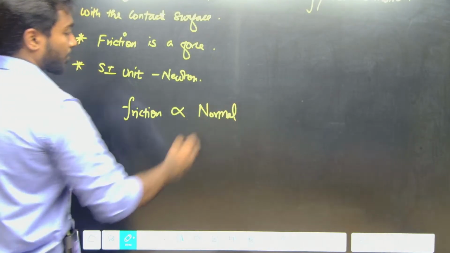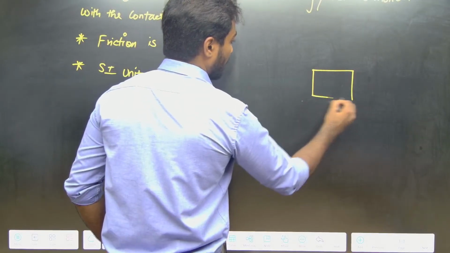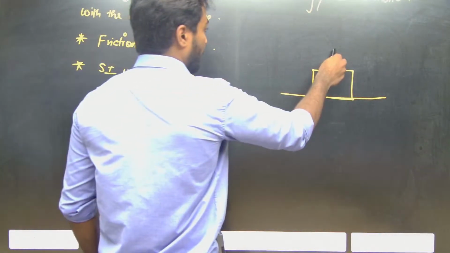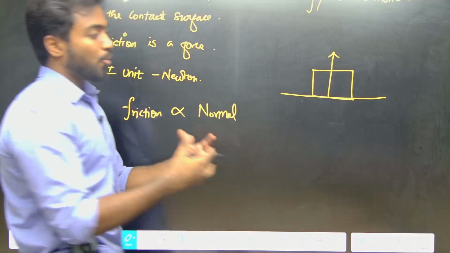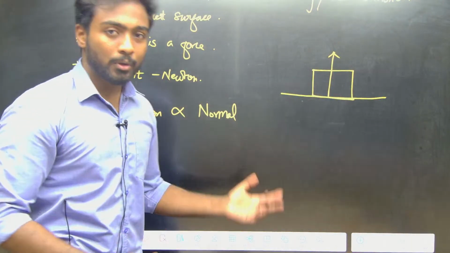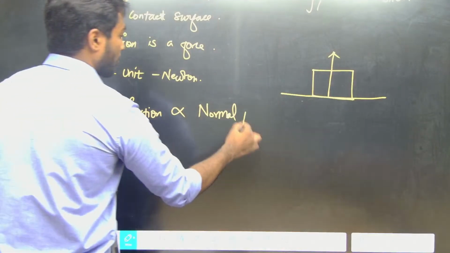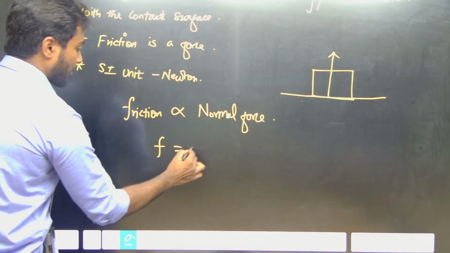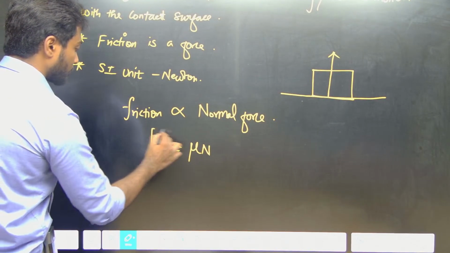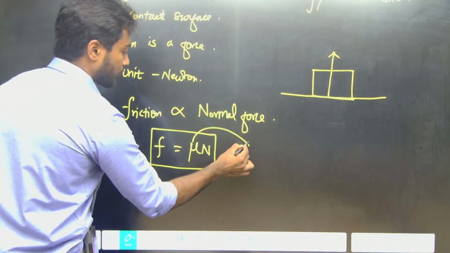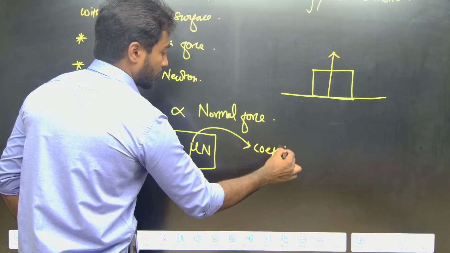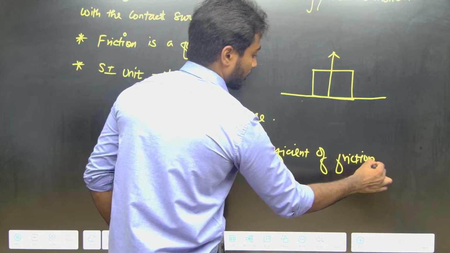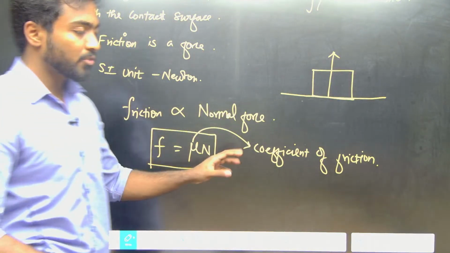With the contact surface, some normal force will be there. Due to the normal force, how much normal force is there, that much friction will be there. So to remove the proportionality we add a constant called mu: F is equal to mu into N. So what is mu, sir? Coefficient of friction. Okay, this is mu.